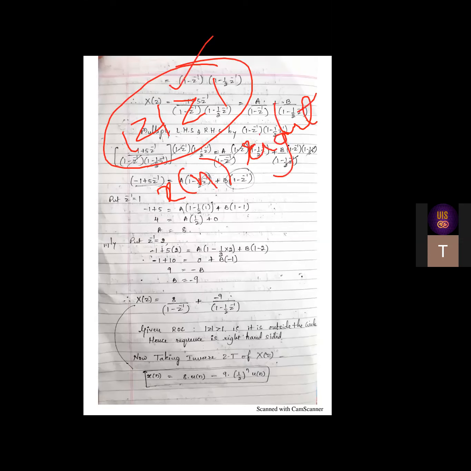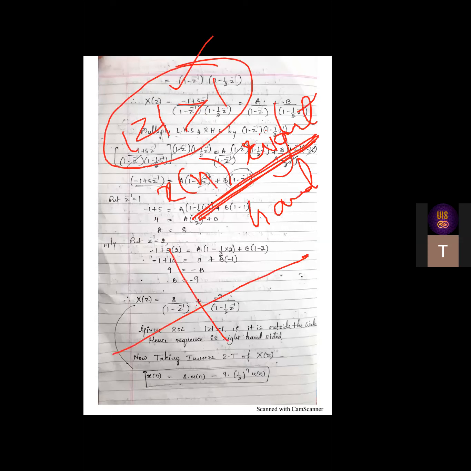As the given ROC is greater than 1, we can conclude that the given sequence X of n is a right-handed sequence. Right-handed means what?